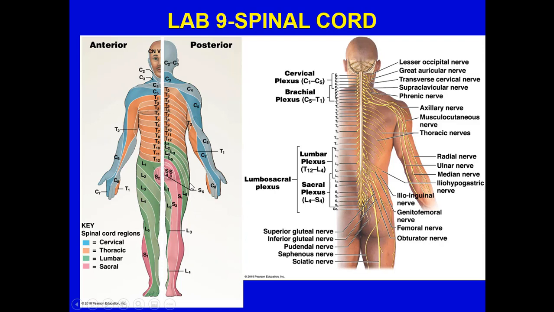And then we have the sacral, which is all taken up in the back part of the leg, etc. You can see this also of specific nerves, okay? Obturator, femoral, genitofemoral, ilioinguinal, the radial, ulnar, median nerve, and iliohypogastric nerve, etc. Do I need to know these? Yes. Okay?